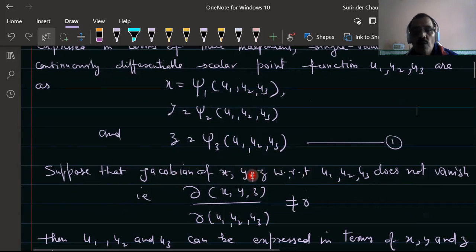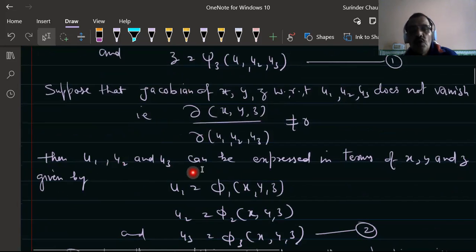So we can transform from curvilinear to Cartesian if the Jacobian of x, y, z with respect to u1, u2, u3 is not equal to 0. Conversely, if the Jacobian of u1, u2, u3 with respect to x, y, z is not equal to 0, then you can write u1, u2, u3 in terms of x, y, z.